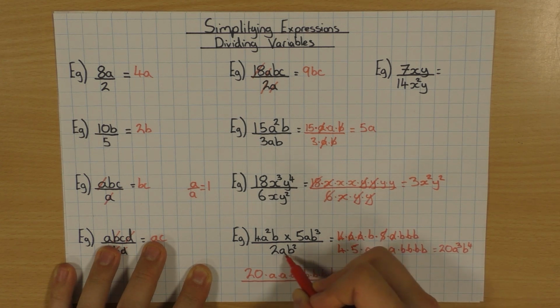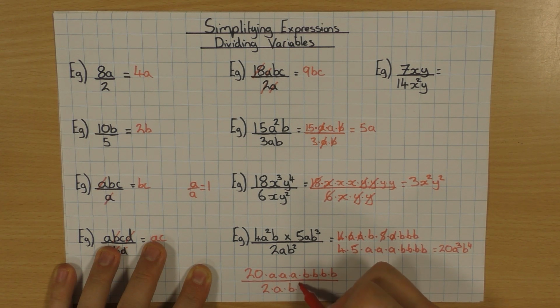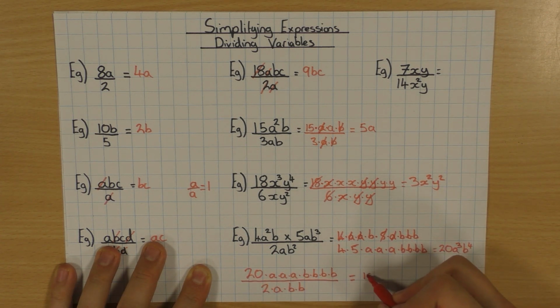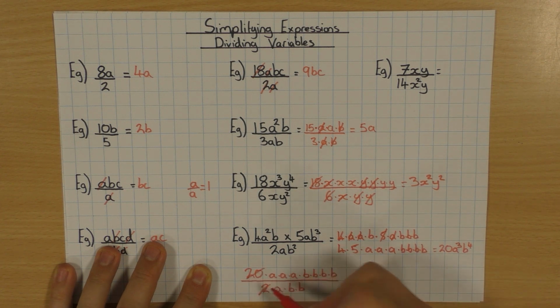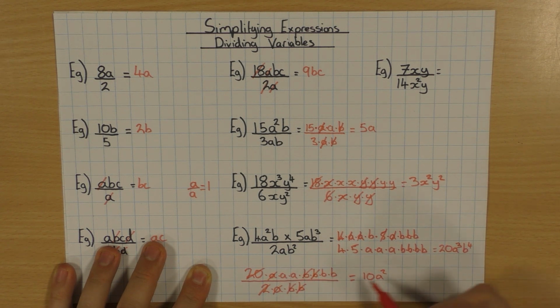Now I can expand the bottom bit here, 2 times a and then b squared, which is b times b. And now I can do my division. 20 divided by 2 is 10. Dealt with that. I've got 1a on top, 1a on bottom, so they cancel. I've got 1b on top, 1b on the bottom, another b on top, another b on the bottom, and therefore I'm left with a squared, these two here, and b times b, which is b squared.